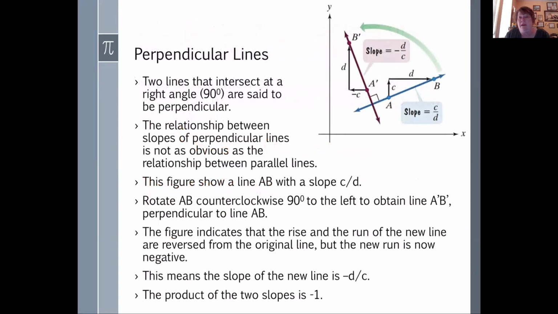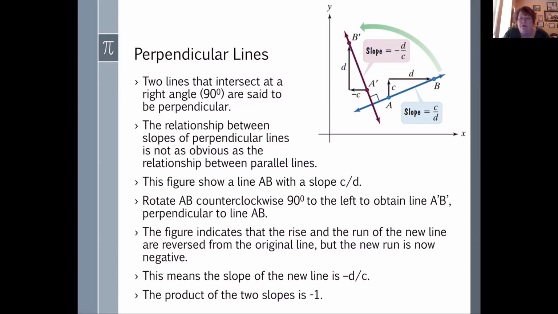What about perpendicular lines? Two lines that intersect at a right angle, 90 degrees, are said to be perpendicular. The relationship between slopes of perpendicular lines is not as obvious as the relationship between parallel lines.